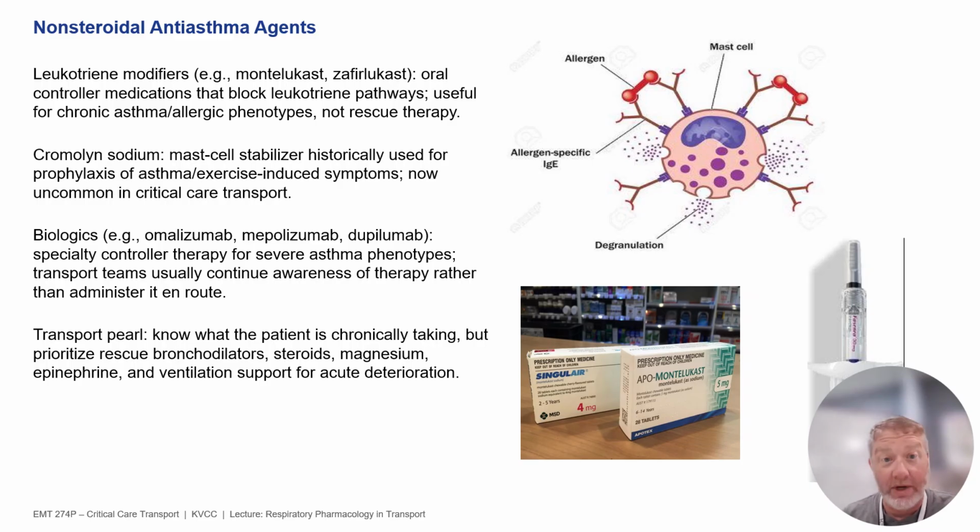They reduce inflammation and bronchoconstriction in allergic and aspirin sensitive asthma phenotypes. These are predominantly used for asthma. Cromolyn sodium is older and rarely seen anymore, but some patients may still use it for like exercise-induced bronchospasm.